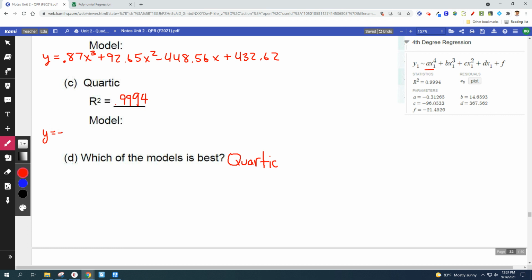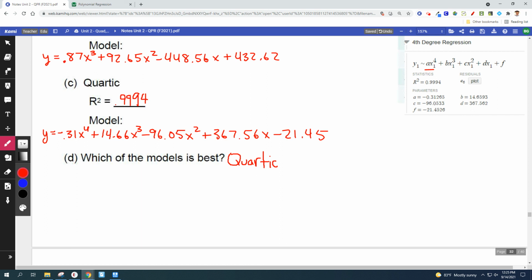Negative 0.31 x to the fourth, 14.66 x to the third, negative 96.05 x squared, 367.56 x, minus 21.45.